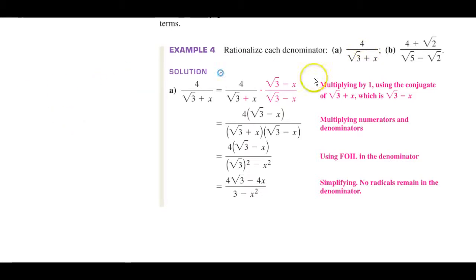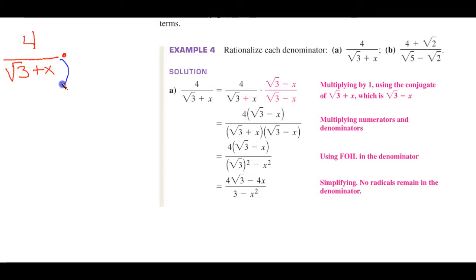So let's do this one. Again, the work is all there. But it's 4 over the square root of 3 plus x. Now, to rationalize that, we have to multiply it by a 1.